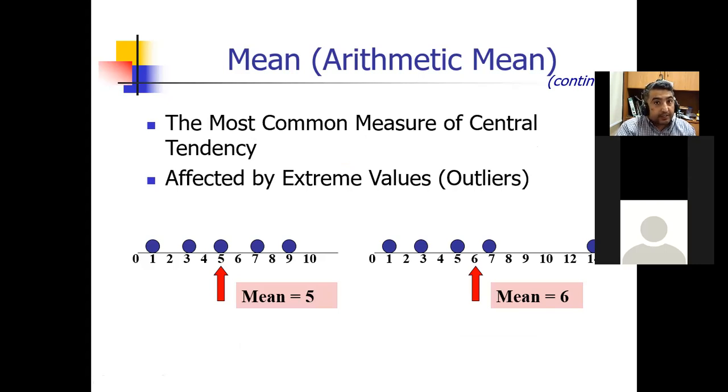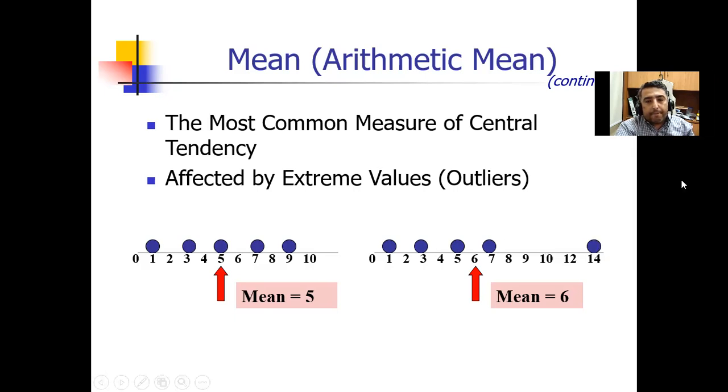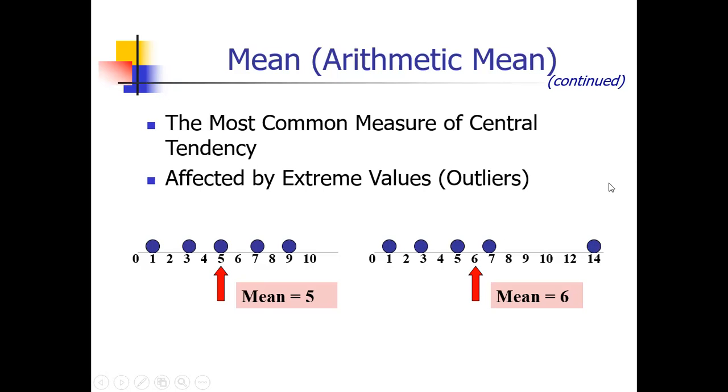But there is an apparent drawback of the mean: when we have a few very large values or a few very small values, this measure of center is severely affected, or it can give us wrong information.